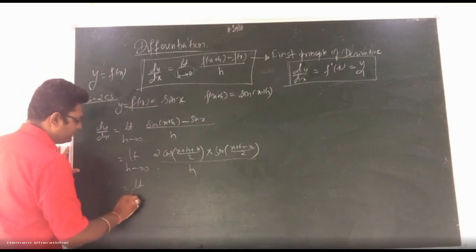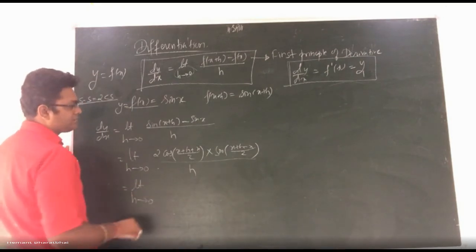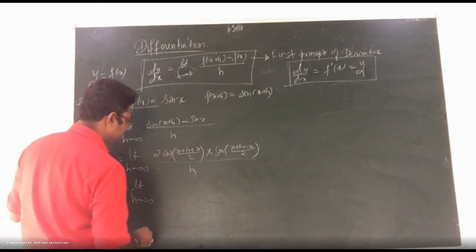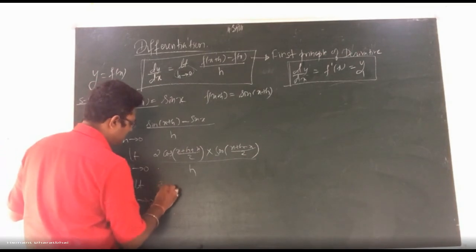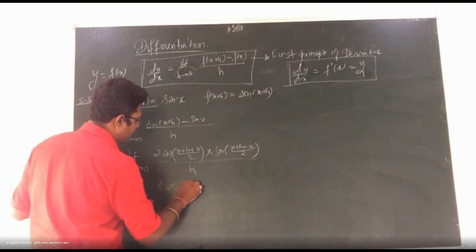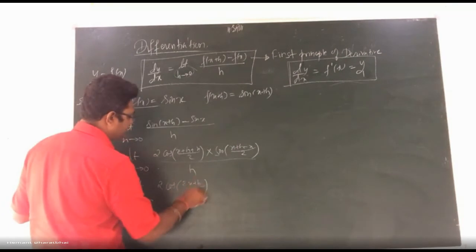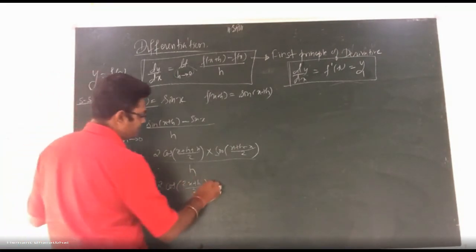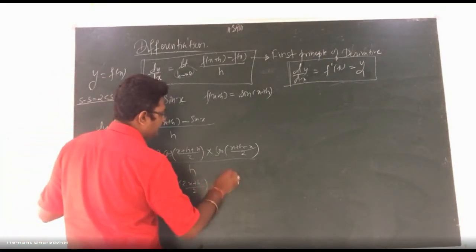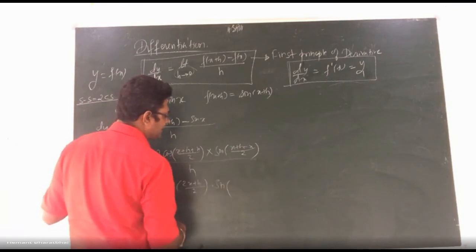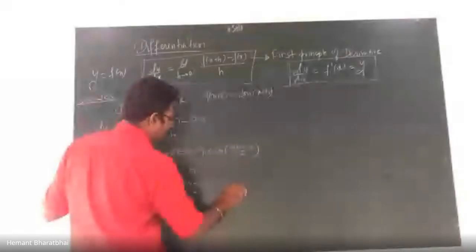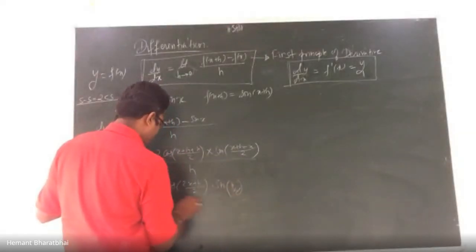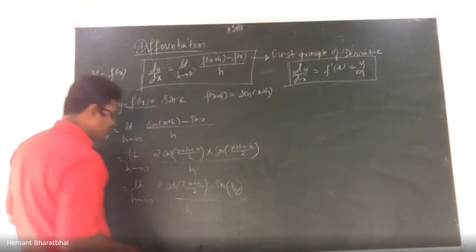So I'll get limit of h tends to 0 of 2 cos of 2x plus h the whole upon 2 into sin of h upon 2, x and minus x get cancelled, upon h.